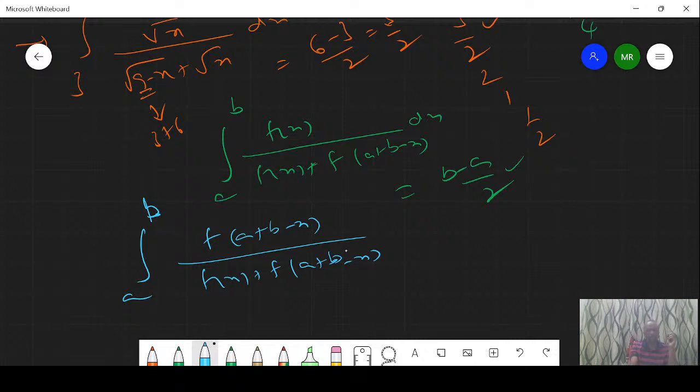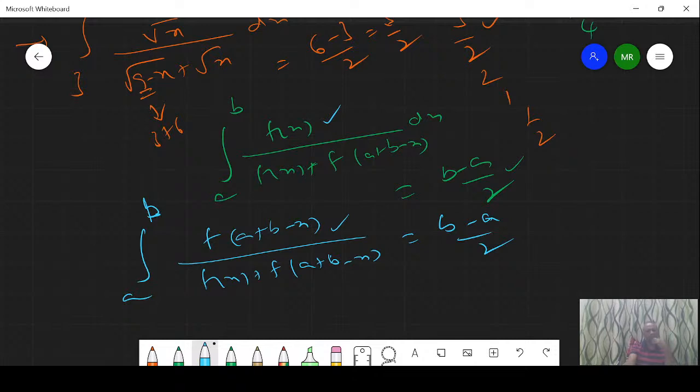In this case, what's your answer? In this case also you can think the answer is the same thing. Your answer is b minus a by 2, no change. Either f of x or f of a plus b minus x, your answer is b minus a by 2.